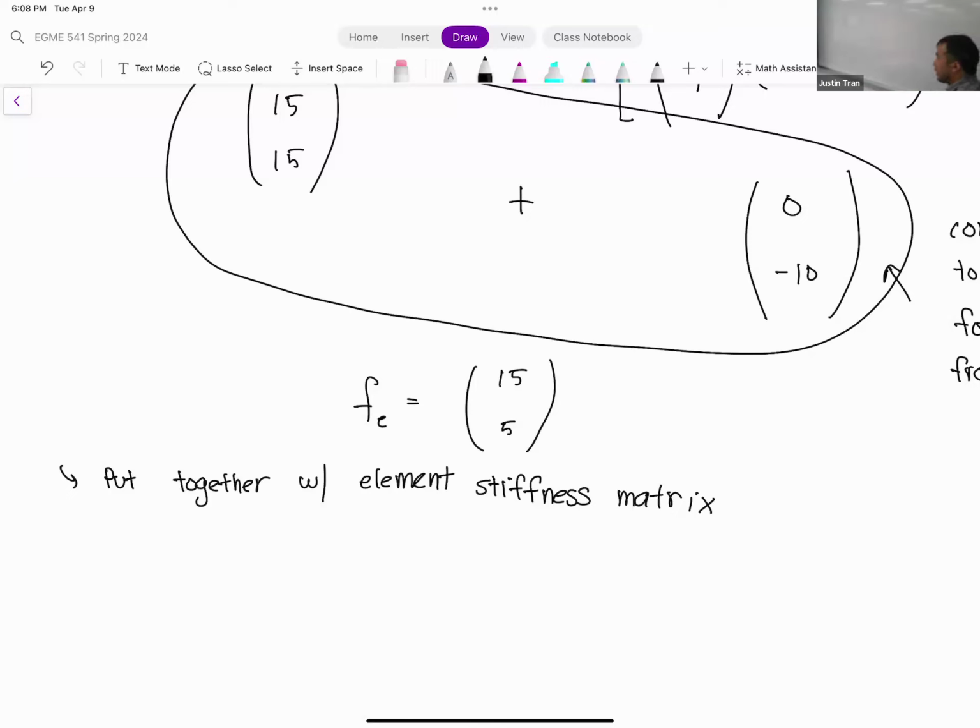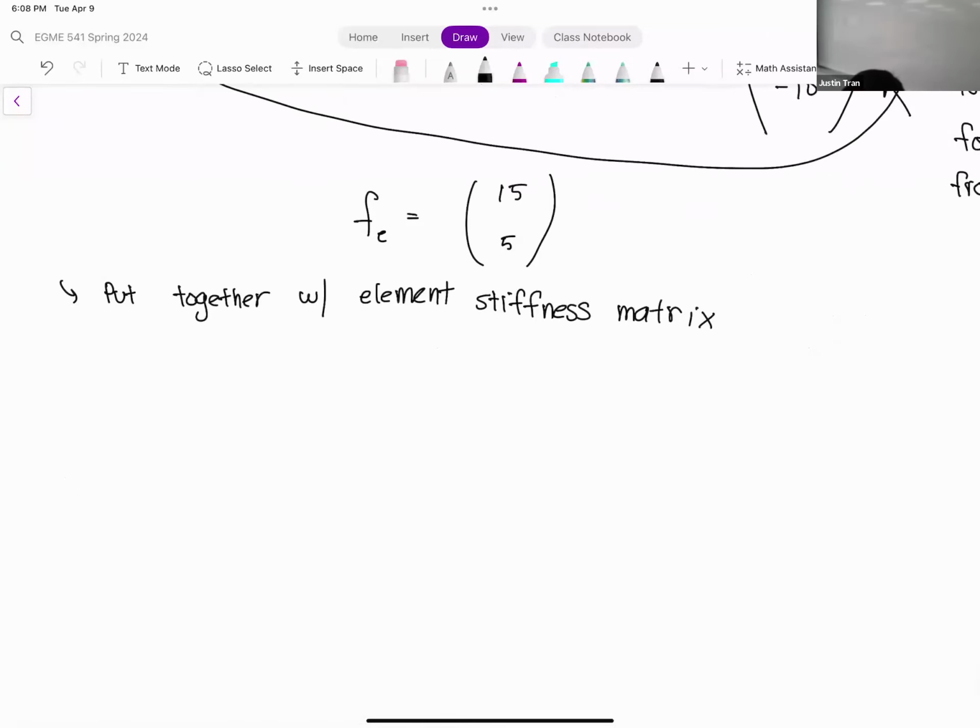Okay, so let's put it together with the element stiffness matrix that we found for this element. And so our entire elemental system for element 2, or element B, is 479.17, minus 479.17, minus 479.17, 479.17. Okay.